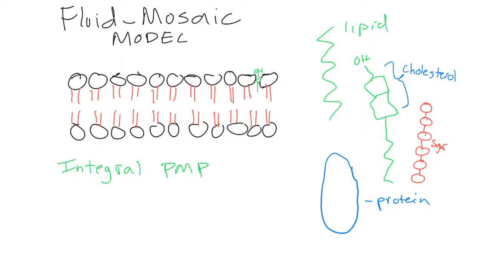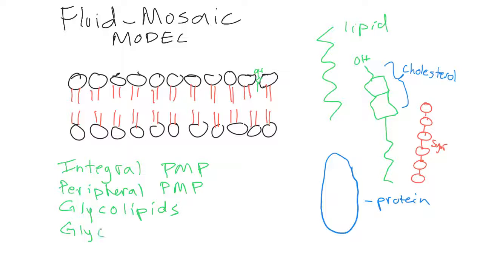We've got a host of peripheral plasma membrane proteins. And then we have combinations of macromolecules such as glycolipids and glycoproteins.